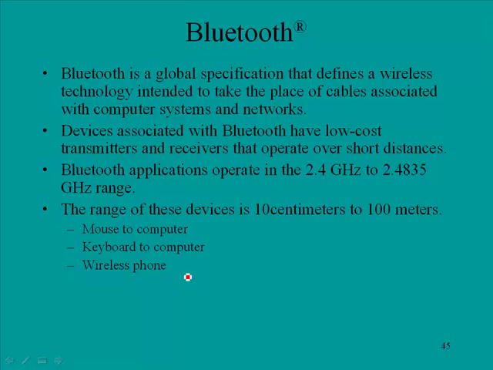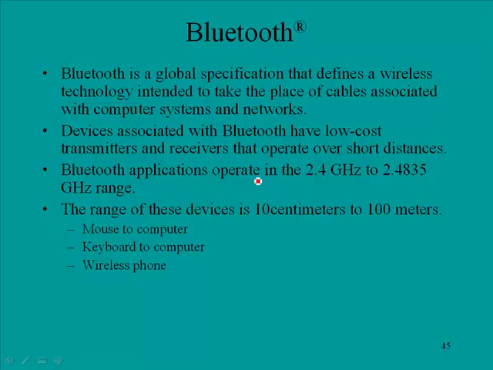Bluetooth is a global specification that defines a wireless technology intended to take the place of cables associated with computer systems and networks. Devices associated with Bluetooth have low-cost transmitters and receivers that operate over short distances. Keep in mind, this is over very short distances.